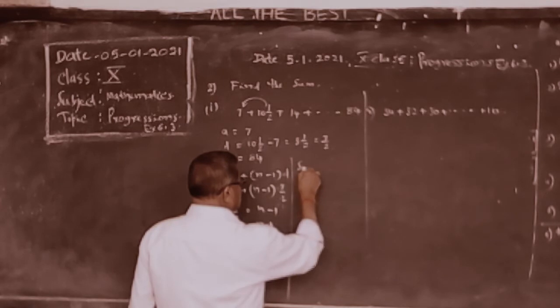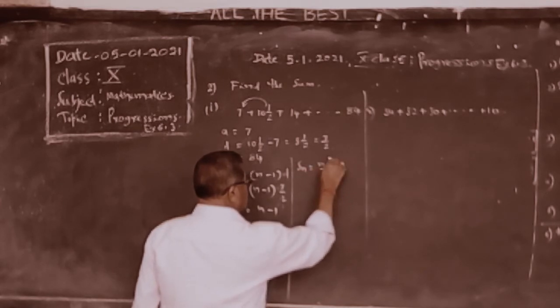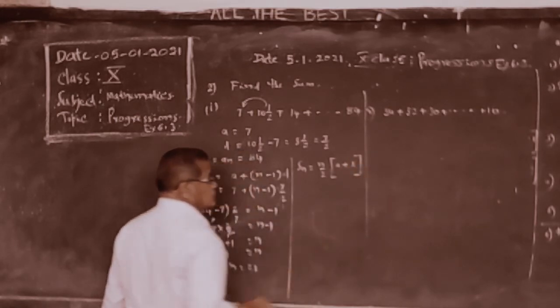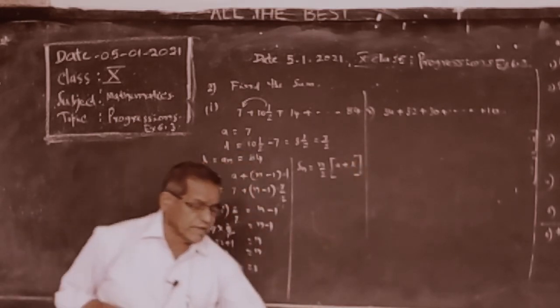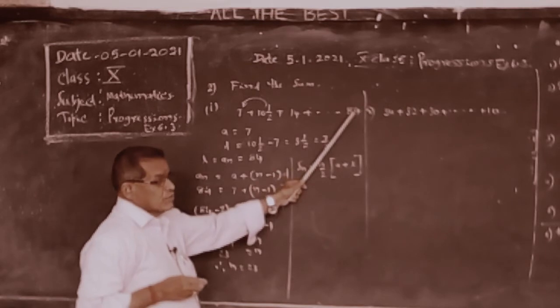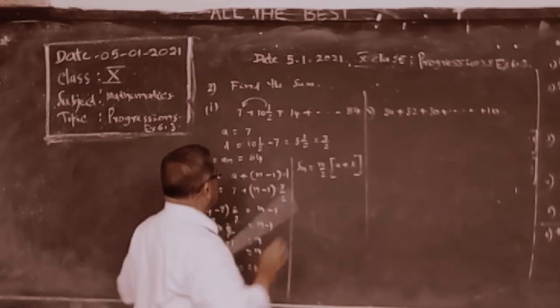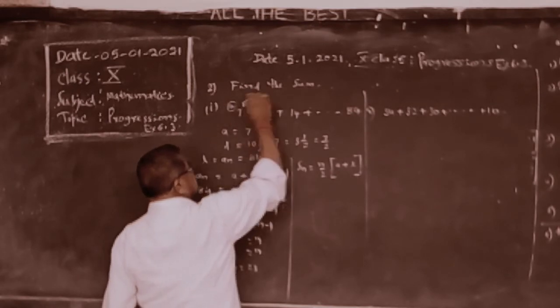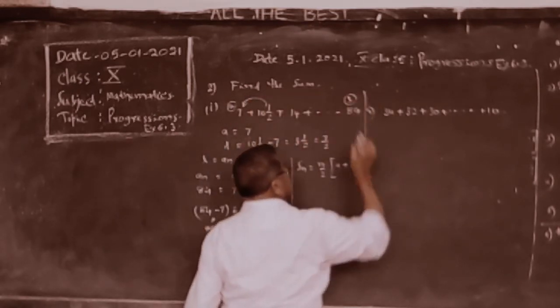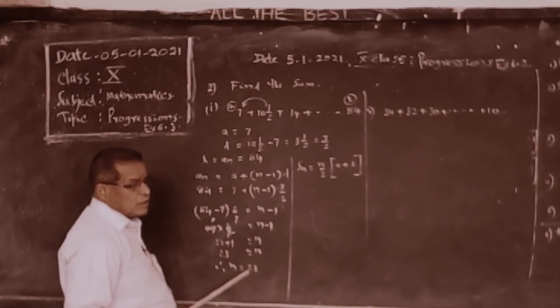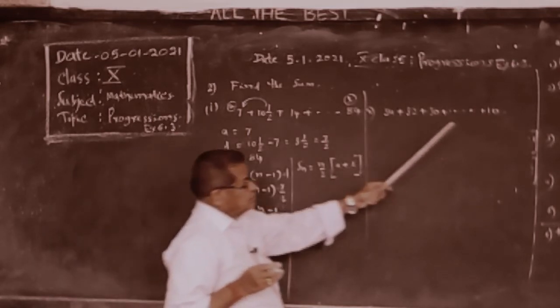Now Sn is equal to n by 2 of, here we can use a plus l, because we know the last term. This is l, this is a. And n is 23. We can use this formula also.